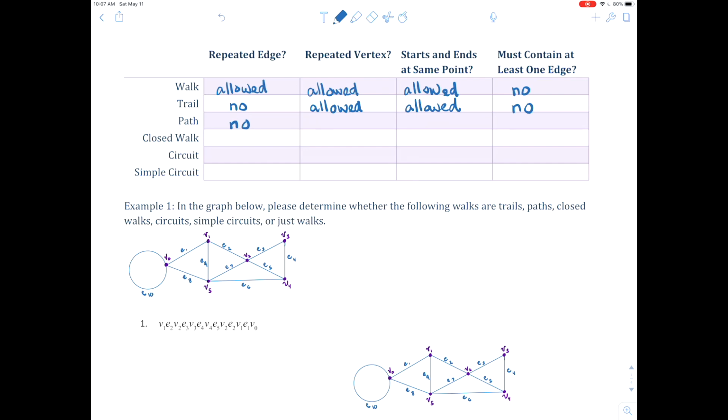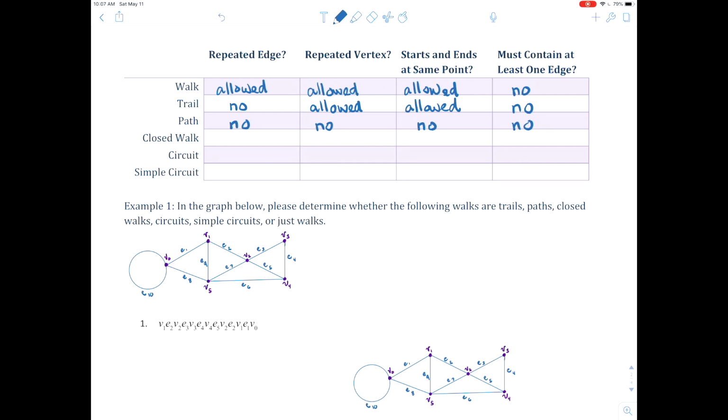And it just said you cannot have a repeated vertex. And since you can't have a repeated vertex, you can't start and end at the same point. But I suppose in the real simple case, where remember a graph could contain just a single vertex without an edge, you don't have to have an edge for the path, okay?